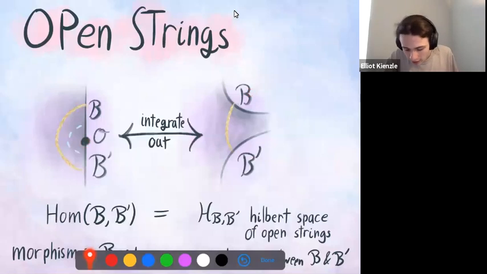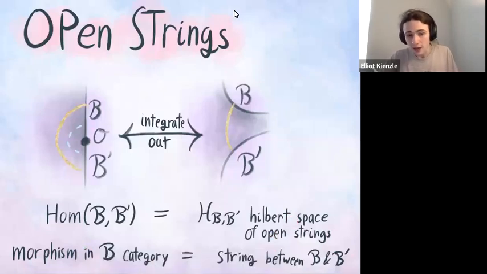This is a vector space, and it's equivalent to the Hilbert space of open strings mapping between these. That is, any morphism in our category of branes corresponds to some state of an open string stretching between the two branes.